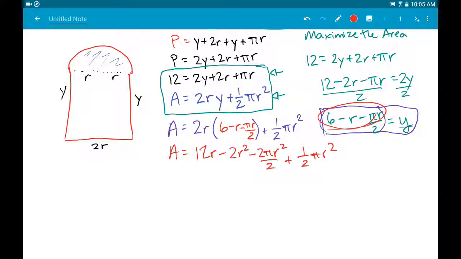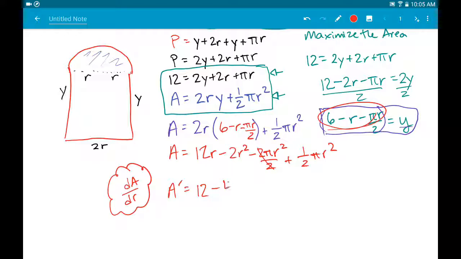When you take the derivative, all you have is some power rule derivatives. Even before you take the derivative, maybe you can simplify some of it. The goal is to find A prime with respect to r, dA/dr.